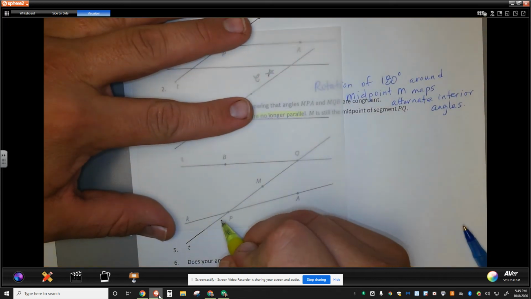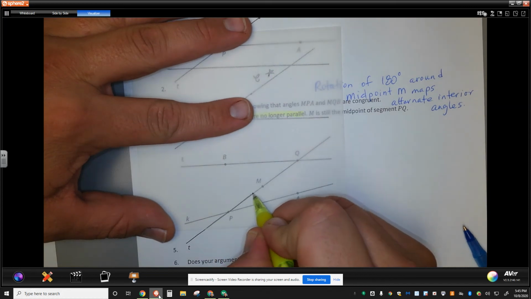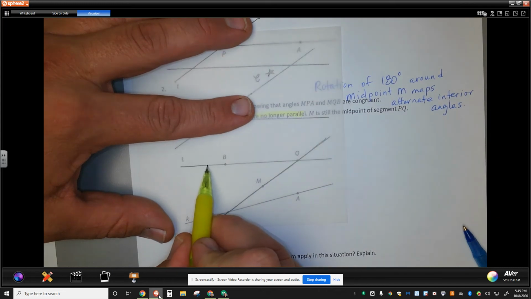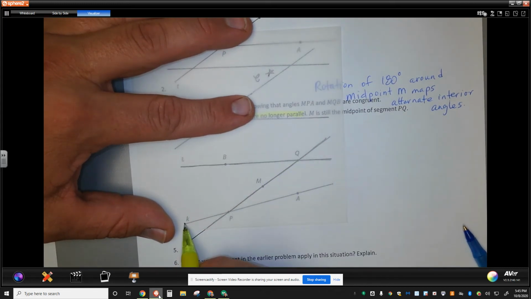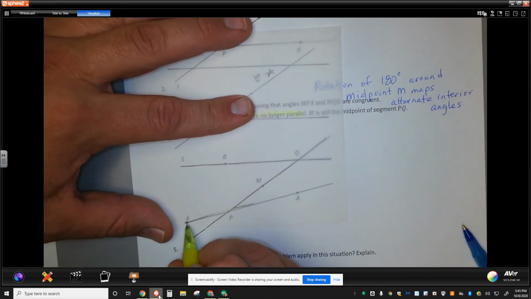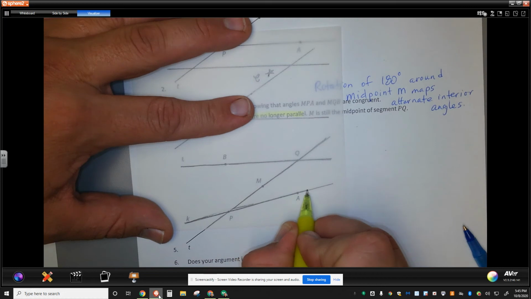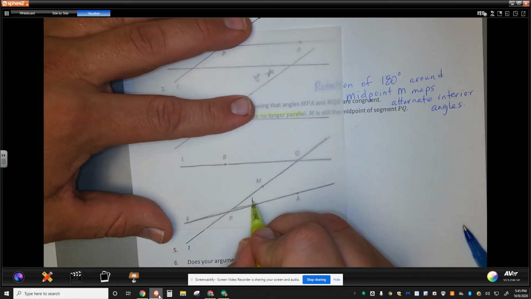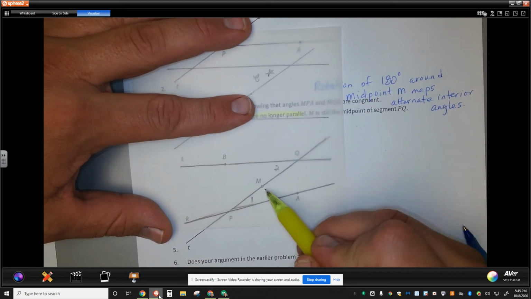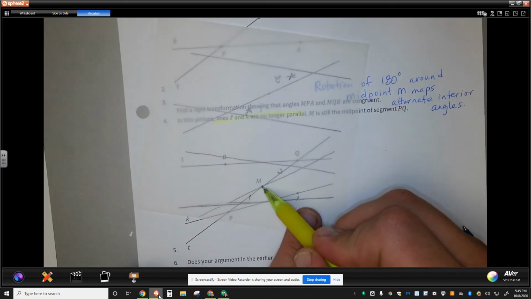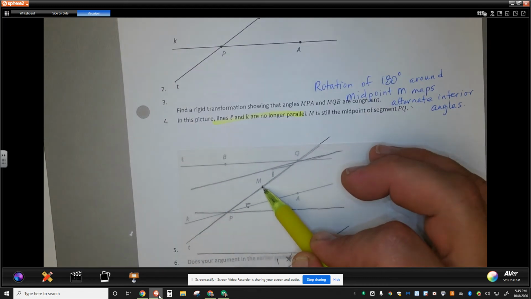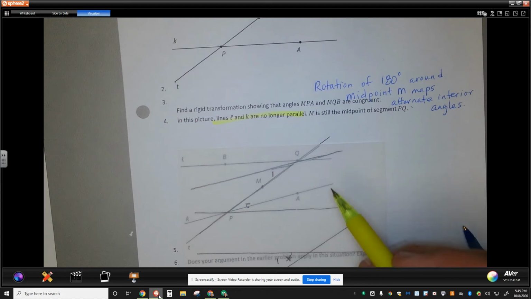So we'll go ahead and take the line PQ, or transversal T here, and line L, and line K. And let's do a 180 degree rotation. I'm going to call this angle 1 and angle 2 around midpoint M. Here we go. So we rotate 180 degrees. We see points P and Q change places, but we also see something else.